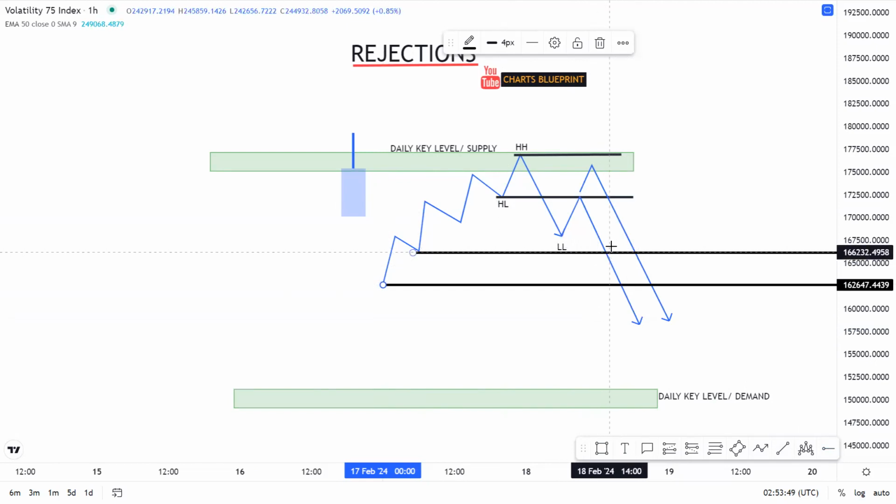And once we have price break and close above every one of these levels, then of course we have price likely going to come all the way down to the daily key level. So every one of these levels from the hourly time frame can be take profit levels along the way to our overall daily key level.